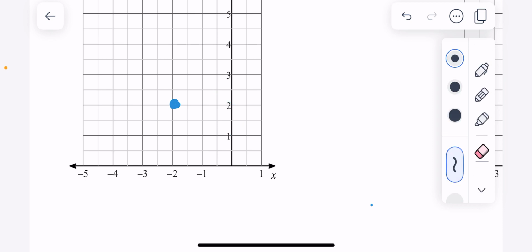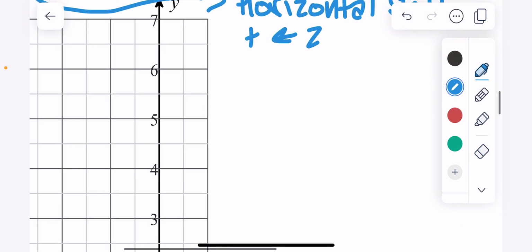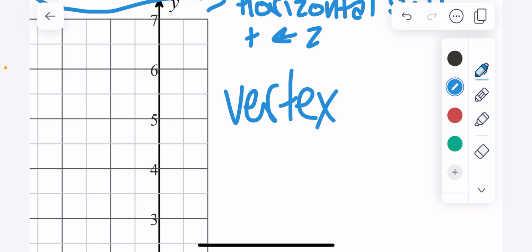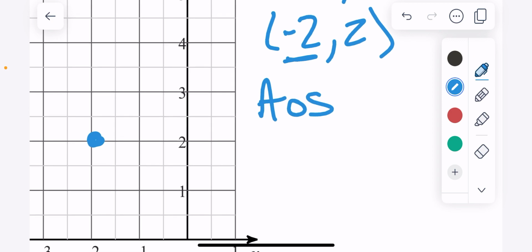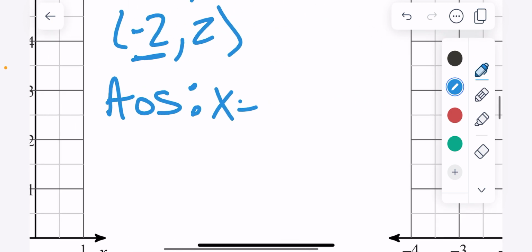So that's my new vertex. My vertex in this case is -2 in the x and +2 in the y direction. That means my axis of symmetry is always x equals that x value, so it's just x equals -2.